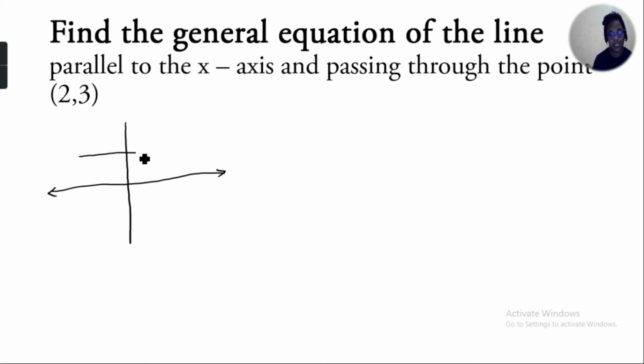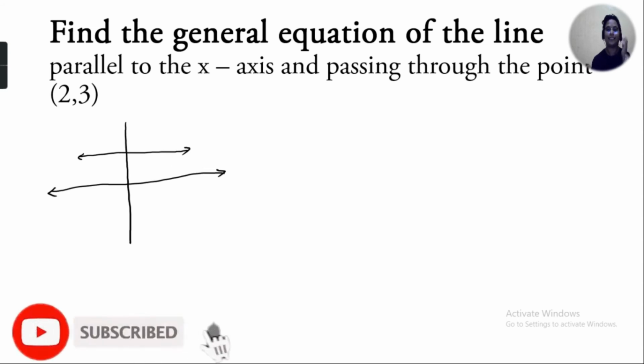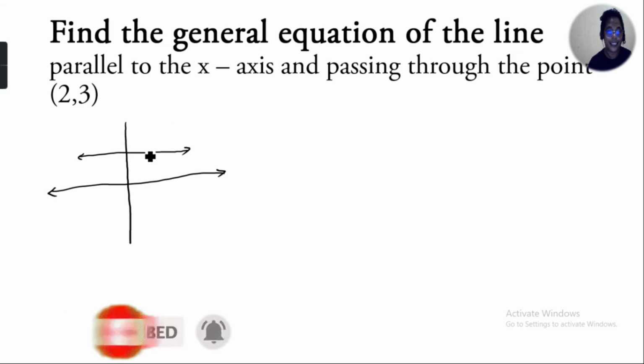So, assume po natin na dito yung ating line. So, parallel po siya sa ating x-axis. Pag sinabi natin parallel, they have the same distance. So, yung distance po nila from this distance is equal po. So, pag sinabi nating parallel sa x-axis, yung ating line is a horizontal line po.